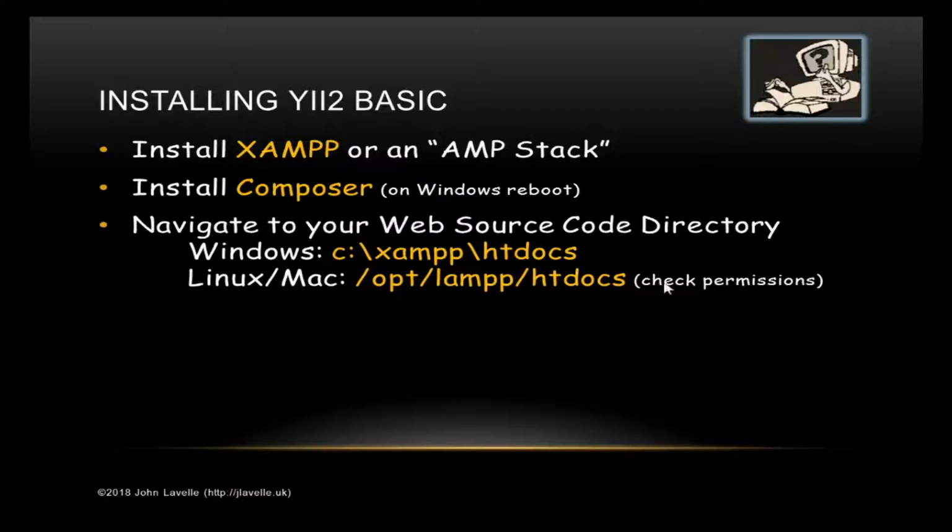You will need to check the permissions if you're on Linux or Mac to make sure that you can write and read and that you have access to the htdocs directory. Okay, that is quite important. Again, I'll put a link at the top for Linux and Mac users so you can set your permissions. Permissions are not required for Windows.